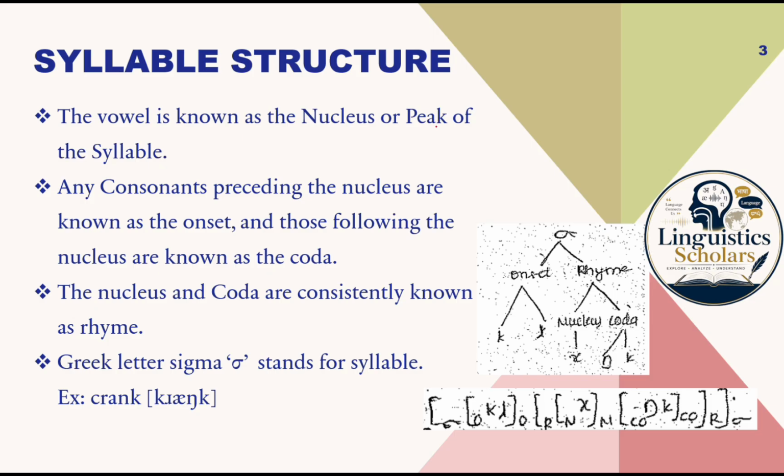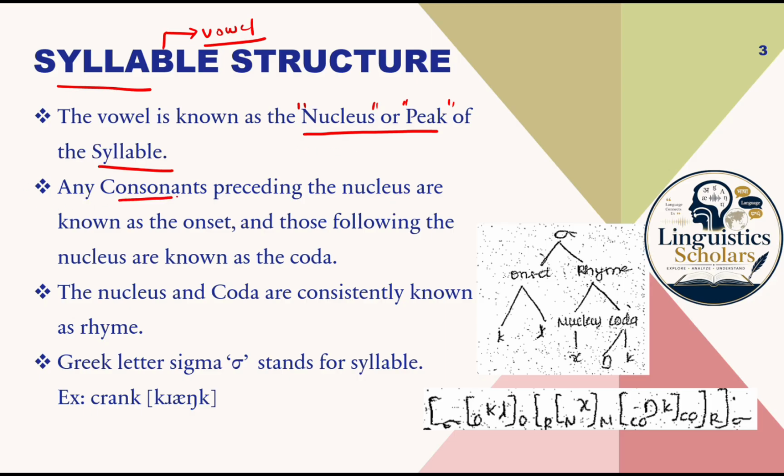Next, we'll try to understand what is syllable structure. The vowel is known as the nucleus or peak of the syllable. As I said, the most important thing for a syllable is the presence of a vowel, and this vowel is called the nucleus or peak of the syllable.